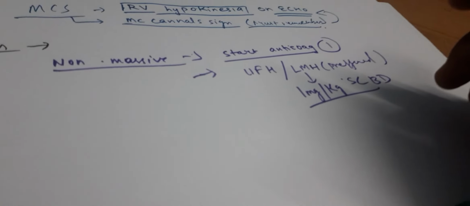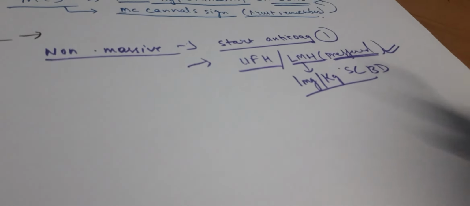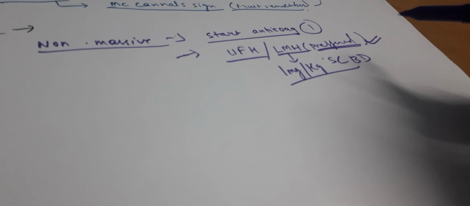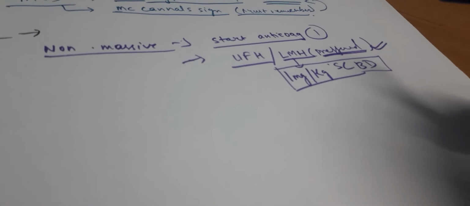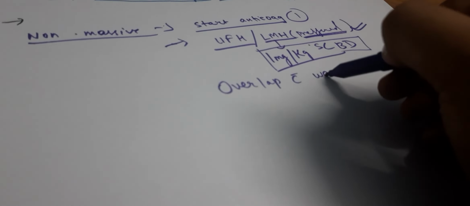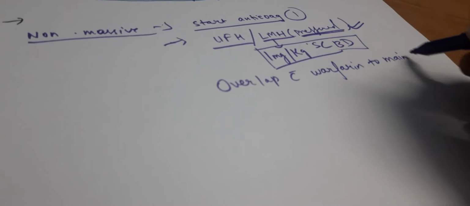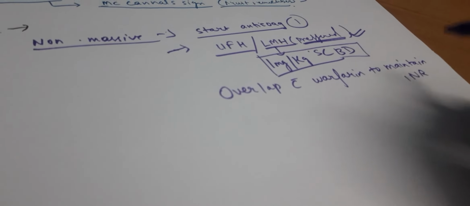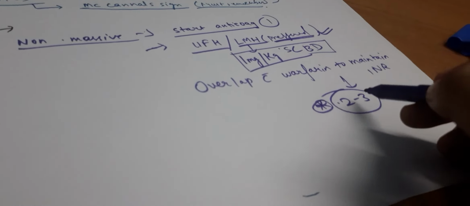Okay, so this is very important. Overlap with warfarin to maintain the INR. Okay, and what is the INR you have to maintain? It will be 2 to 3. Very, very important.